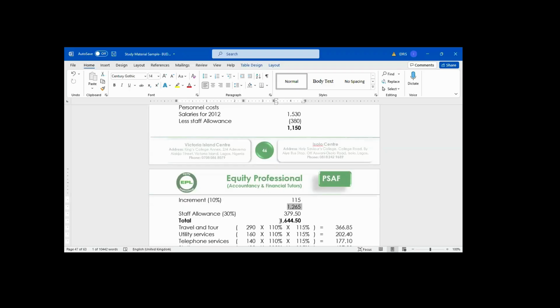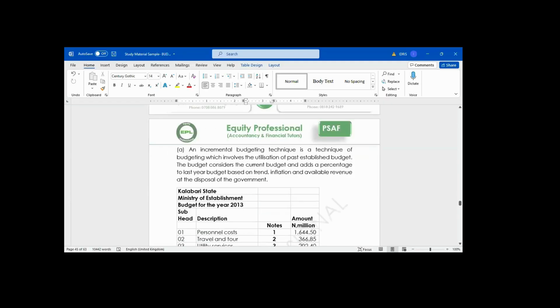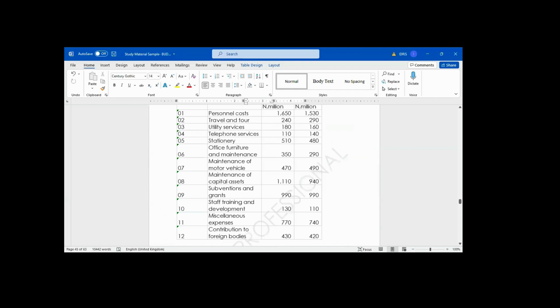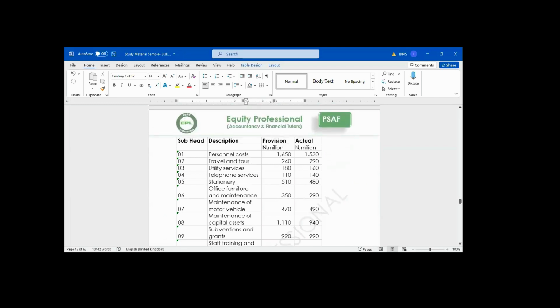Please, I can't come again on how you got personnel cost. I'm so sorry. No problem. Look at the question. How much is the actual personnel cost we have? We have 1,530, you know, they are in million. This means 1,530,000,000. That is for 2012.